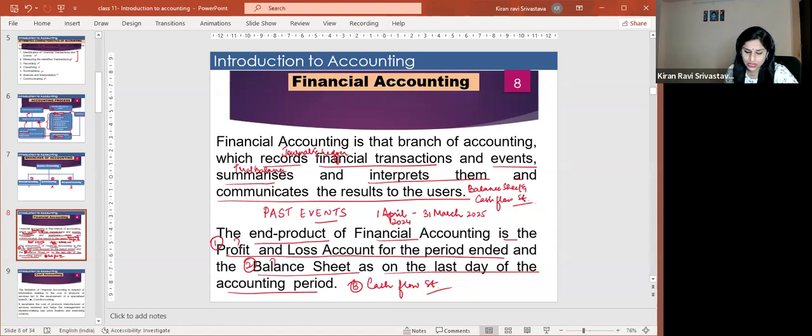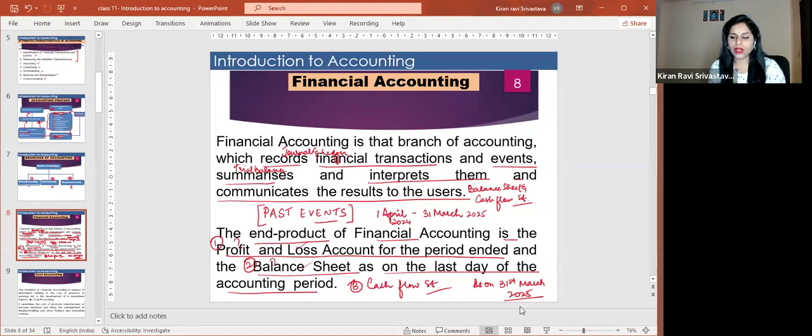So this profit and loss statement and this balance sheet will be as on 31st March 2025. All the accountants have started working hard for 2025. And it will record only the past events. Up till now, from 1st April till 8th April, whatever transactions have taken place, it's all past.